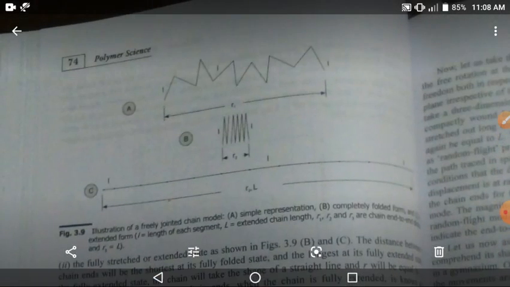The first is an illustration of the freely jointed chain model as a simple representation. The second is a completely folded chain. What is the length of each segment? Capital L is the extended chain length, and small r is the end-to-end distance.